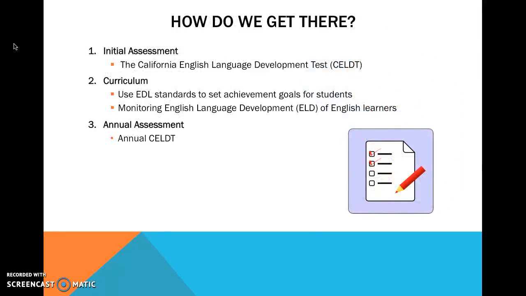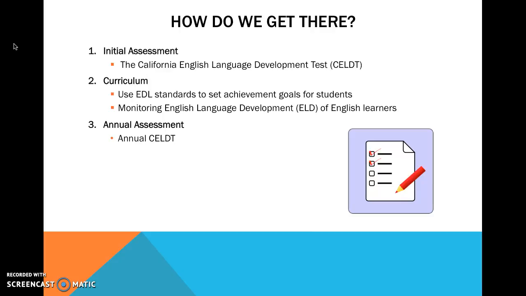How do we get there? First, we need to make an initial assessment of these ELL students. Each student that comes into the school is required to take the California English Language Development Test, or CELDT.